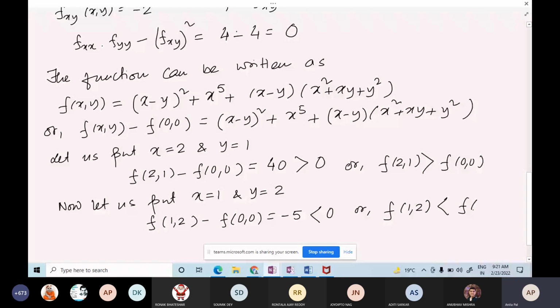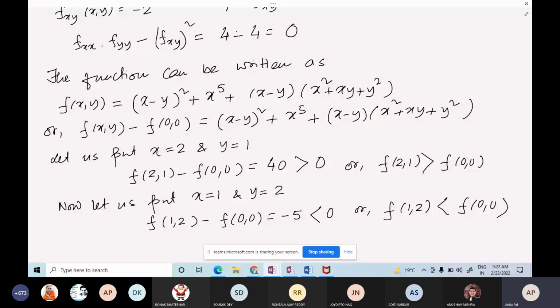That does mean what we are observing here. Sometimes f(0, 0) is less than some point like f(2, 1), and sometimes f(0, 0) is greater than f(1, 2). That means it is not keeping the same sign. So we can conclude that f(0, 0) is not keeping the same sign. That means (0, 0) cannot be any extreme point.